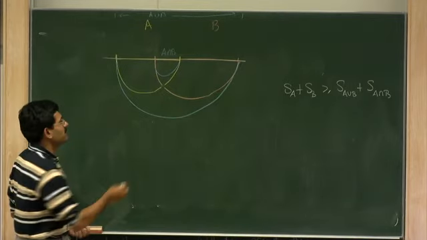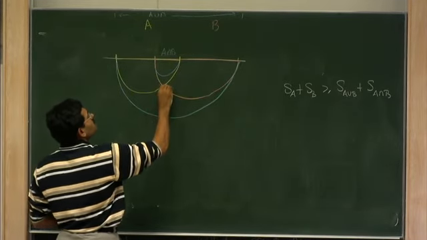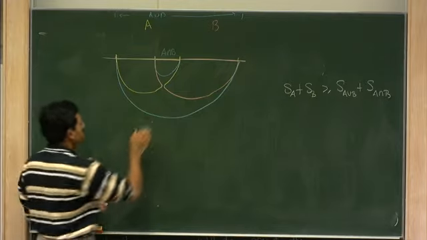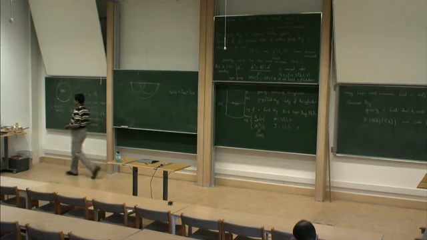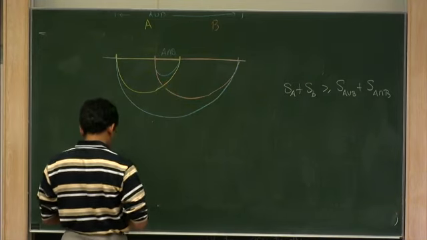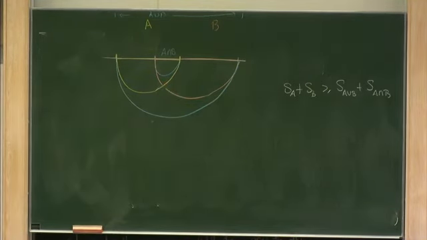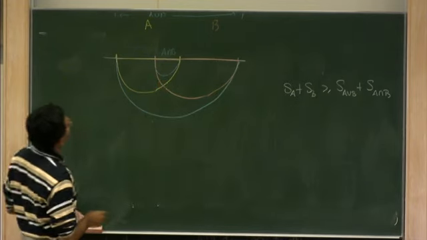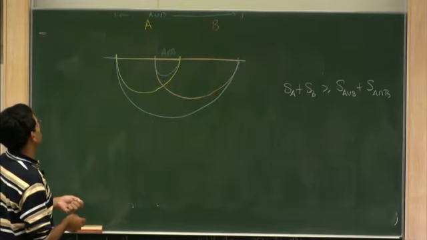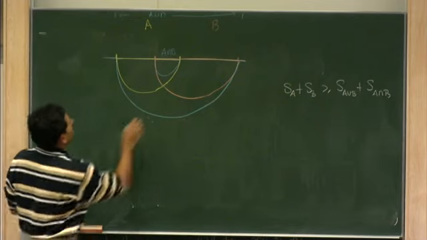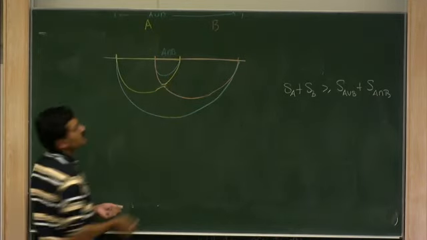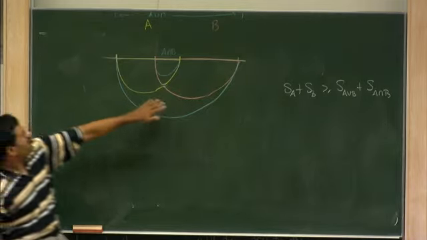Okay, they intersect, but I can break them up. No, sorry, I want to break them up this way. So I have SA and SB.